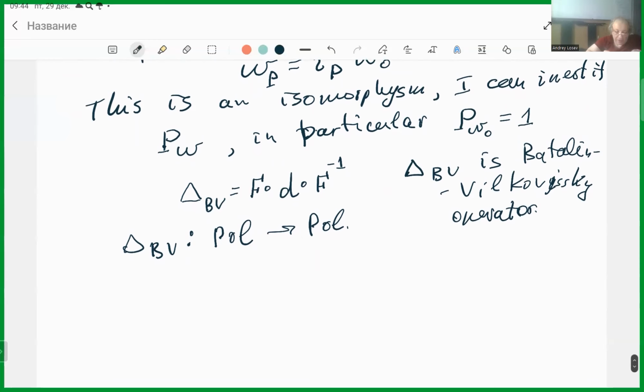So let us write it like this. Here we have a polyvector. F minus 1 gives us differential forms. And F gives a polyvector. And here we are acting by d.